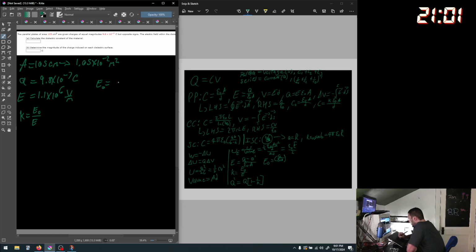E0 equals Q over epsilon 0 A. So that's going to be equal to, let's see, 9.8 times 10 to the negative 7 over 8.85 times 10 to the negative 12 times A, which is 1.05 times 10 to the negative 2.